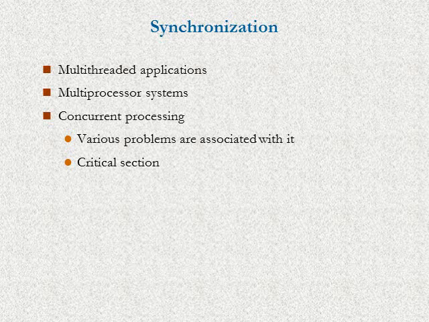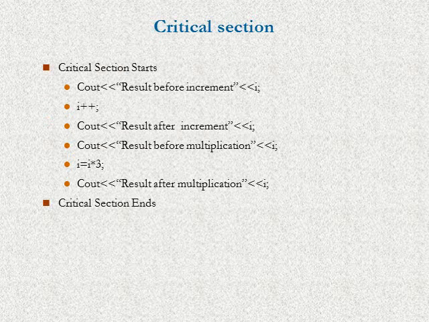So now we will see what a critical section is, what problems and challenges it can raise, and how we can solve them in an efficient manner. Here we have an example of a critical section.